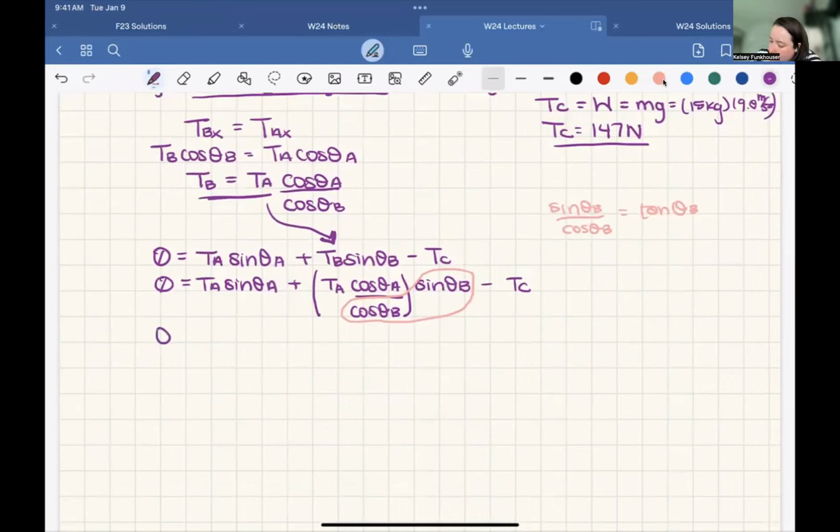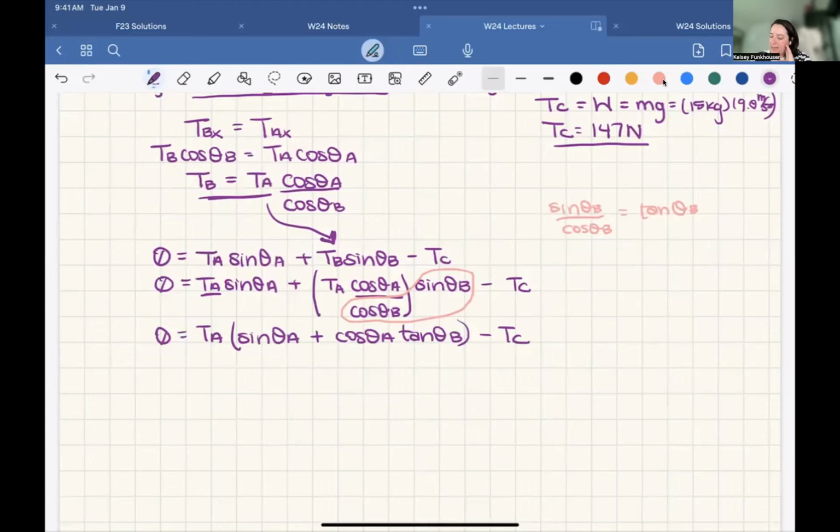So 0 equals TA, and I'm going to skip a step here and factor out TA from both of these. So that's just sine theta A here, but then the next term is cosine theta A tangent of theta B, minus TC.